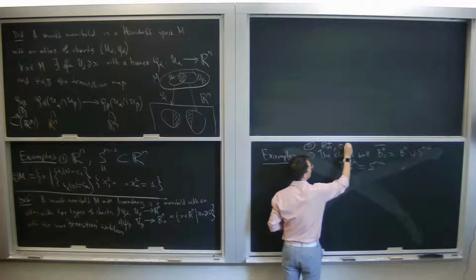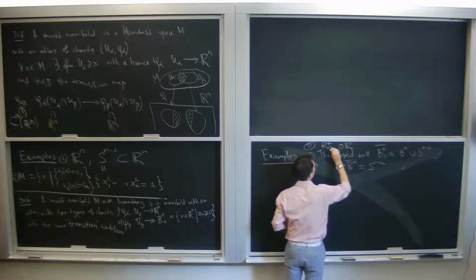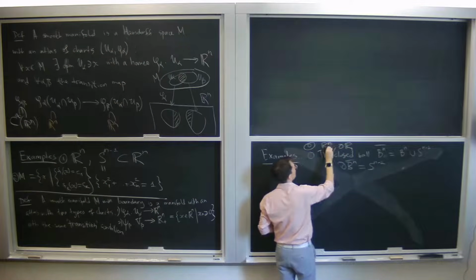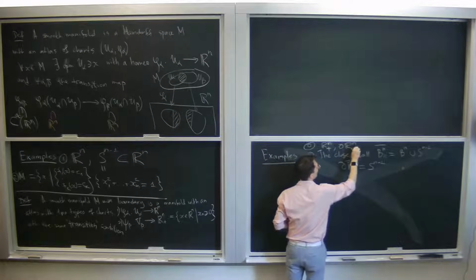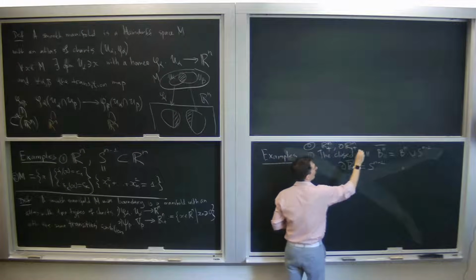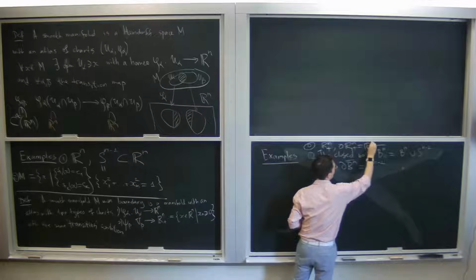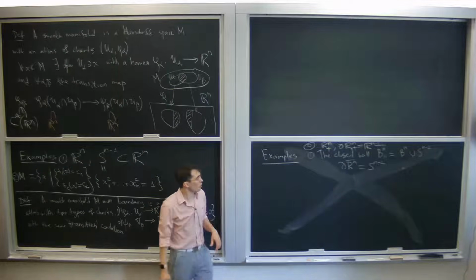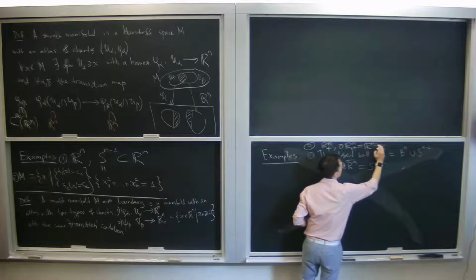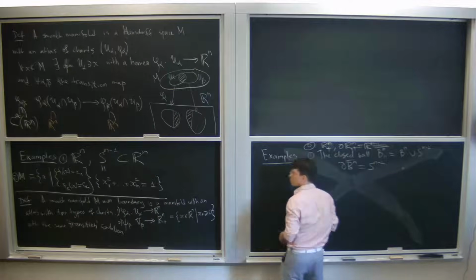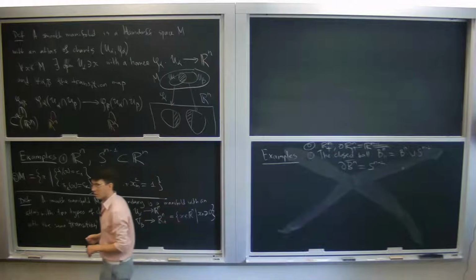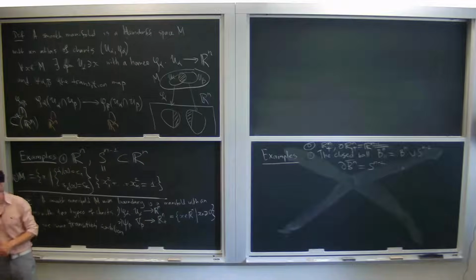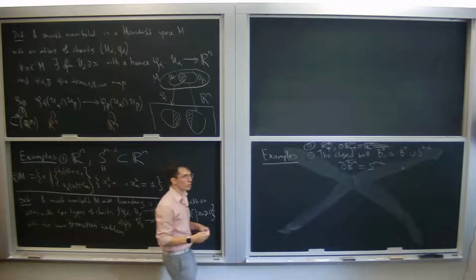So the boundary of Rn plus is of course just Rn minus 1. Here we see that the boundary always happens to be of codimension 1, of dimension n minus 1.